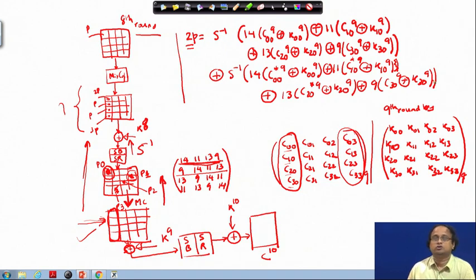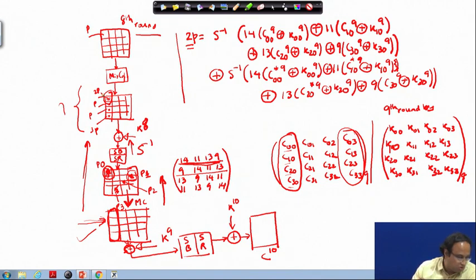At this point you have come to 2p. You have got this differential, taken the inverse S box, and you have now come to 2p here.